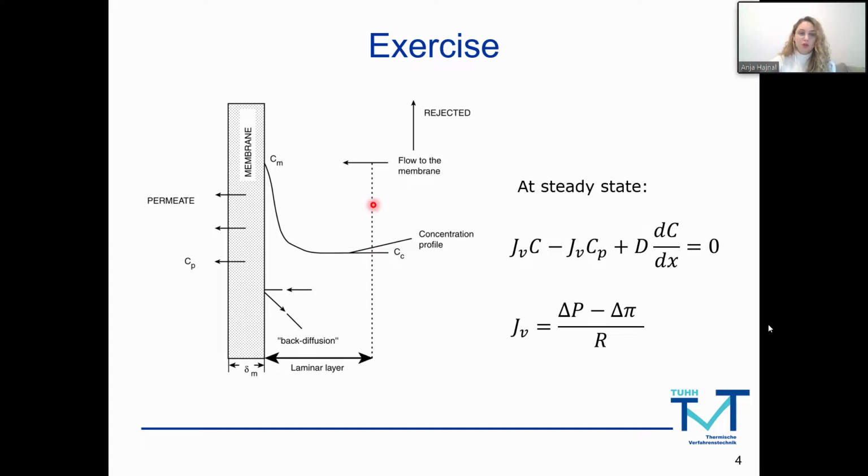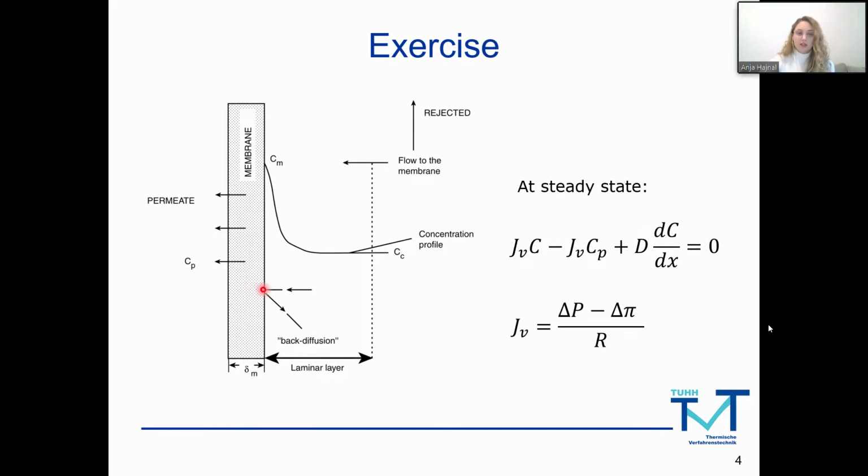If we look into an area close to the membrane, we will see that there is an increase of concentration towards the membrane, and this is called the concentration polarization, which creates this laminar layer at the membrane surface.